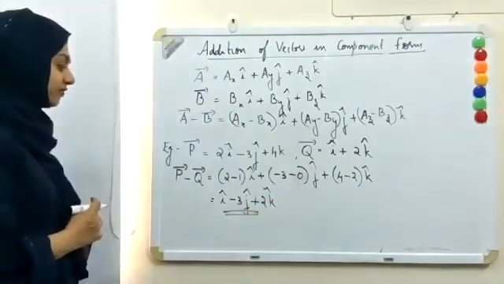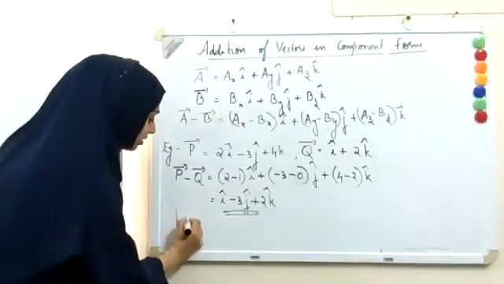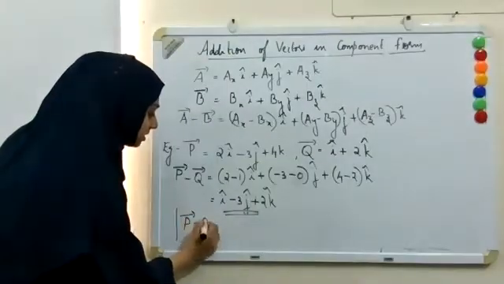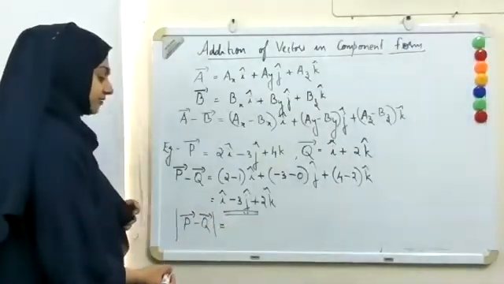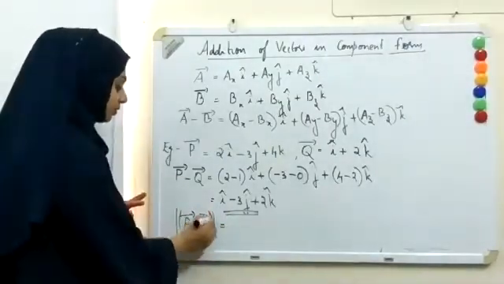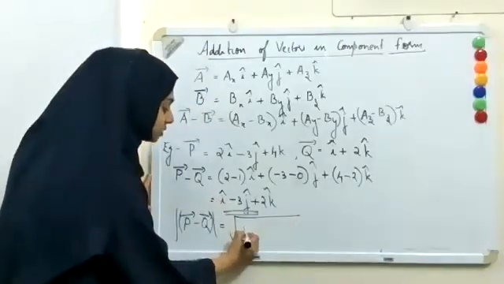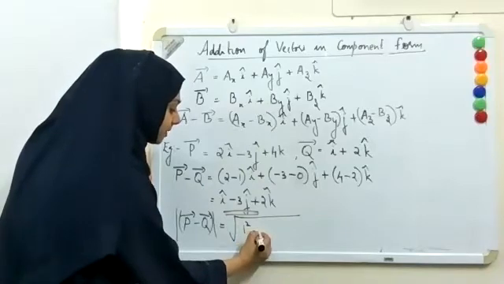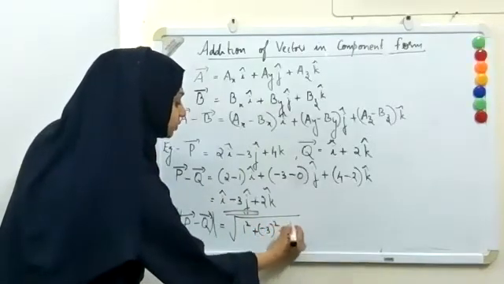So how will you find the magnitude of the difference? Magnitude of the difference is equal to, you just have to take root over, here it is 1, so 1 square plus minus 3 square plus 2 square.